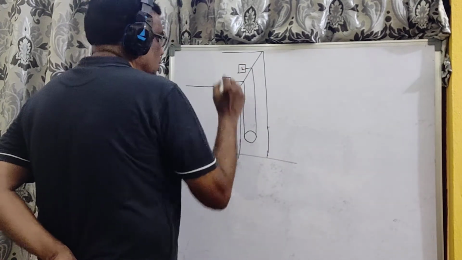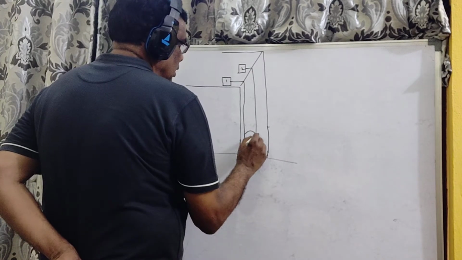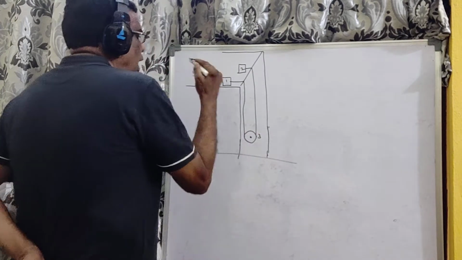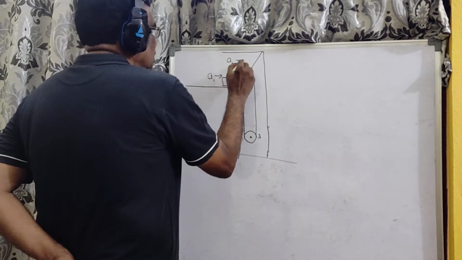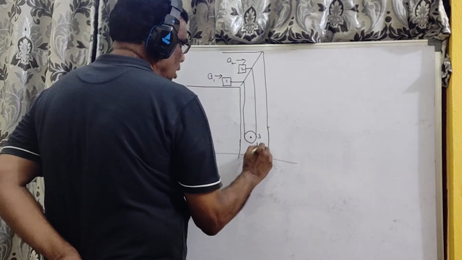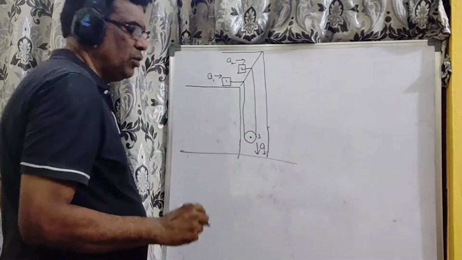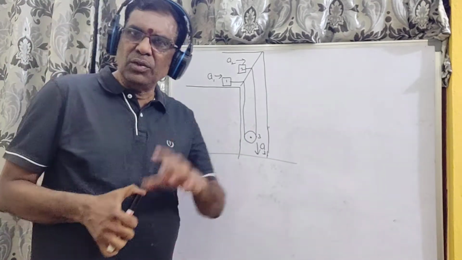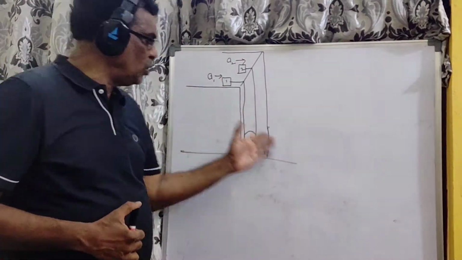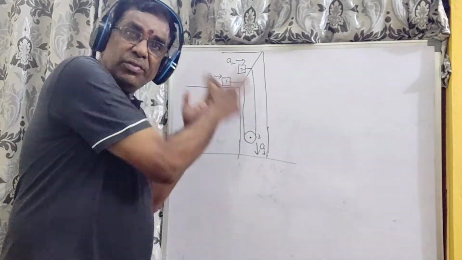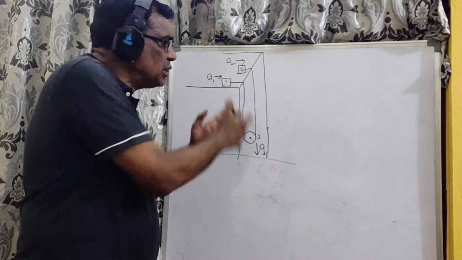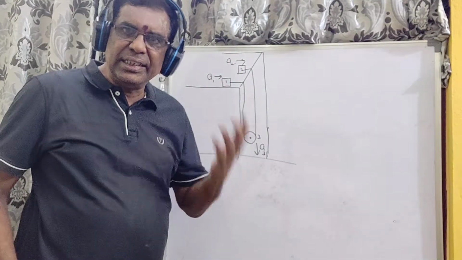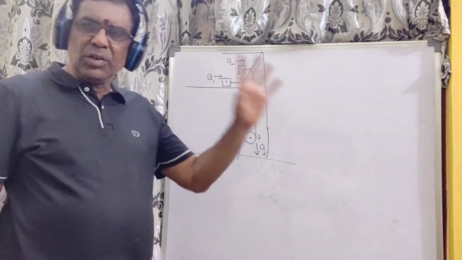This is one, this is two, say this is three. I am giving A1 like this, A2 like this. Now you always look at it: if they give A1, A2, A3 or V1, V2, V3 or for that matter even S1, S2, S3, you take them as they are, and accordingly you give your relation.